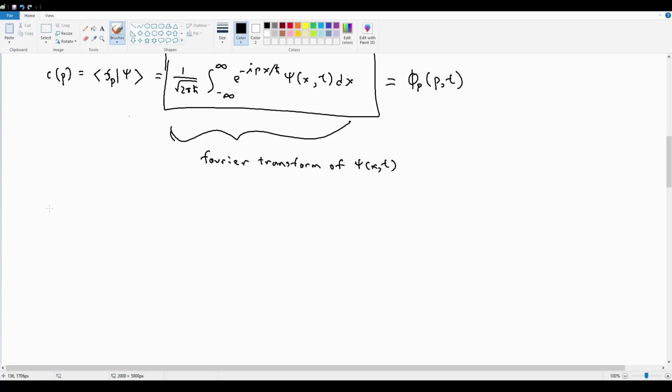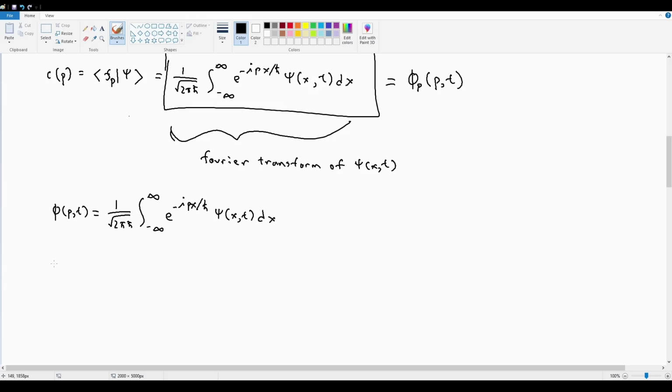Just to cover all our bases, Plancherel's theorem says we can take a Fourier transform of our wave function and get phi of p comma t, our momentum space wave function, equal to 1 over root 2 pi h bar, integral from negative infinity to infinity, of e to the negative i px divided by h bar, times our position space wave function, psi of x comma t, dx.